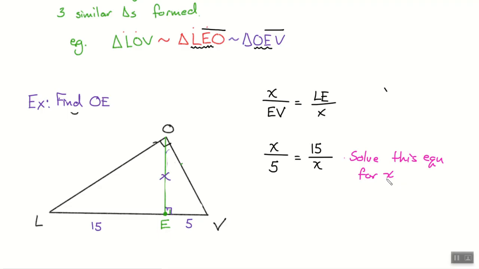We didn't love fractions, but next year. We can butterfly it like this. x always times something: 15 times 5 to get x squared equals 75.